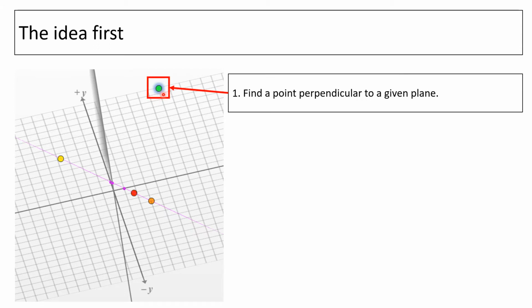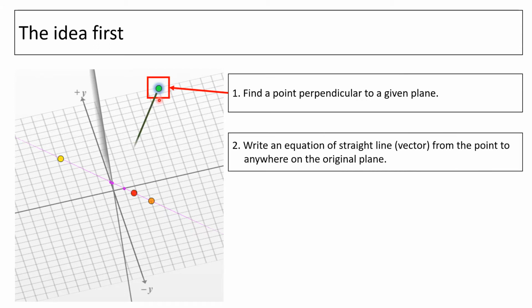We have seen how to do this. Now what we need to do is write a vector that connects this point, the green color here, to a point on the plane, the one given in the blue circle. But the problem now is that we do not know what this point is. So how do we write the equation of plane?